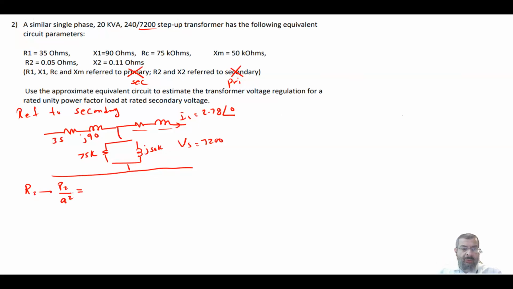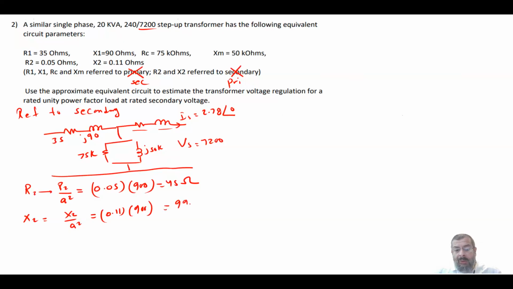This is equal to your R2 value, 0.05, divided by a square. Then you multiply by 900, which is 1 over a square. With the division, it gets inverted. So this gives me 45 ohm. And X2 will equal X2 over a square, which is 0.11 times 900, and this gives me a value of 99 ohm.